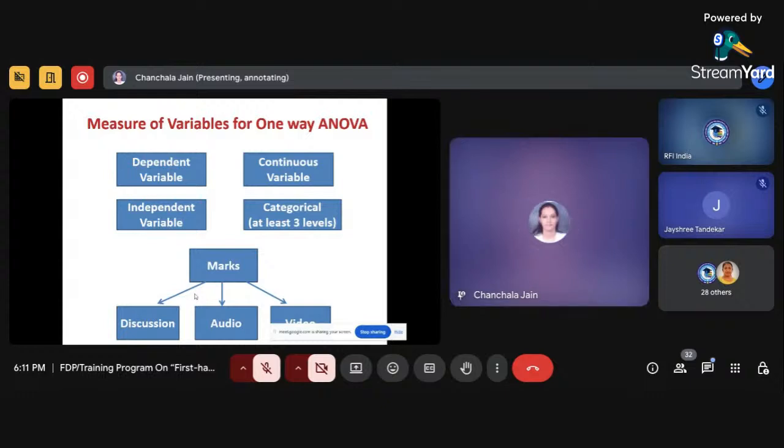What is the difference, madam, between the independent t-test and ANOVA? The difference is that in the categorical variable, ANOVA should have at least three levels, right, madam? A t-test can only compare two groups.